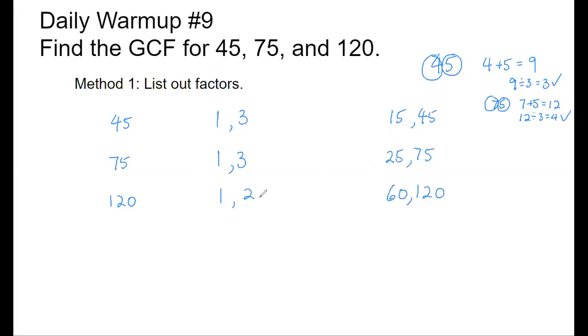Okay. 120, is it divisible by 3? I kind of already wrote it there, so you know it is. But 1, 2, 0. Let's add them all together. 1 plus 2 plus 0. That's 3. Is 3 divisible by 3? Yep. Okay, so that's 40.